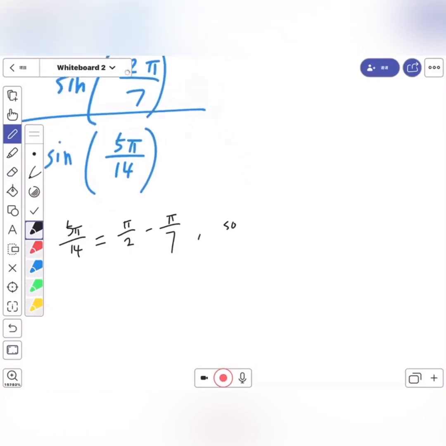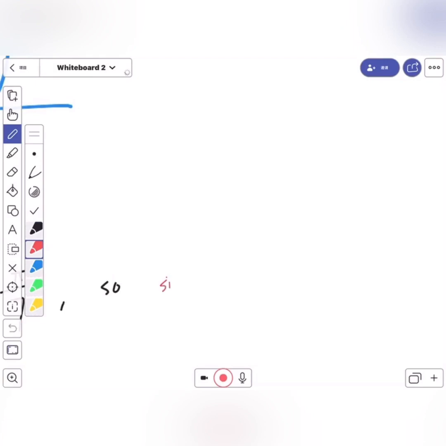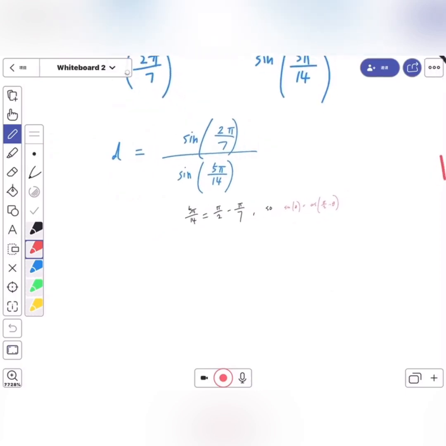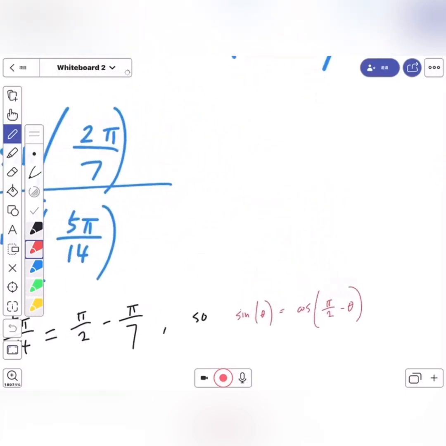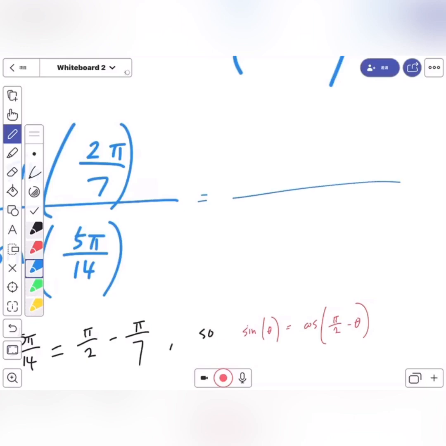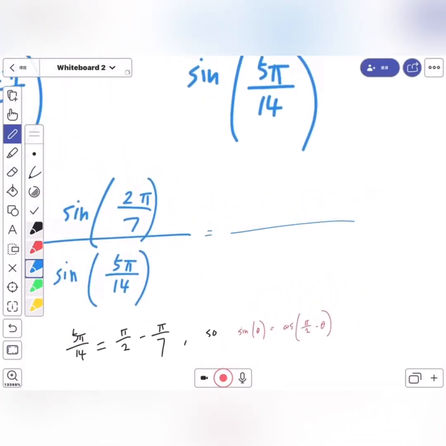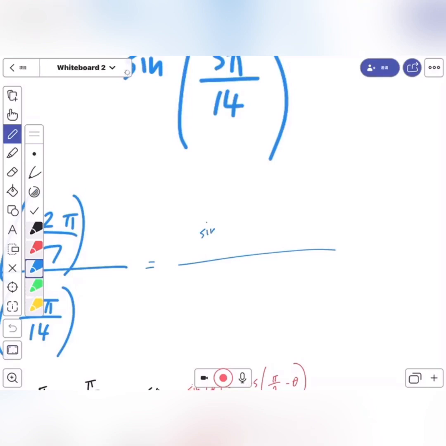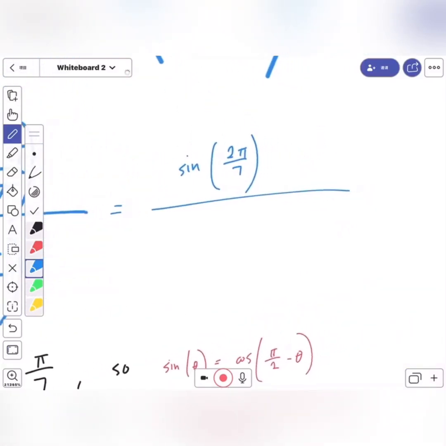So, because we know that sine of theta is equal to cosine of pi over 2 minus theta, and that is an important trig identity derived from the angle subtraction formula, this can be further simplified into sine of 2 pi over 7 divided by cosine of pi over 7.